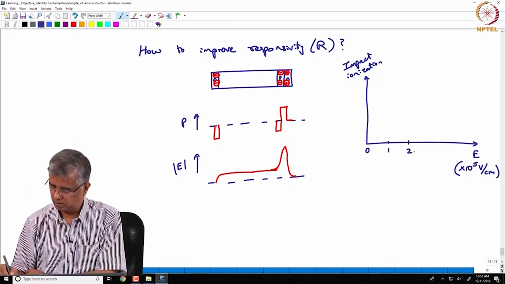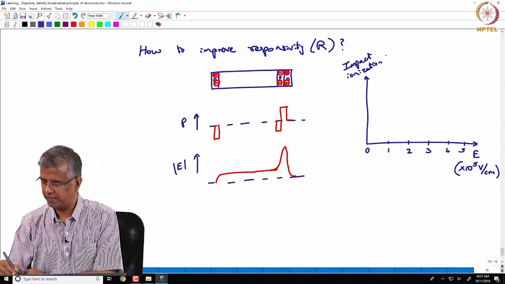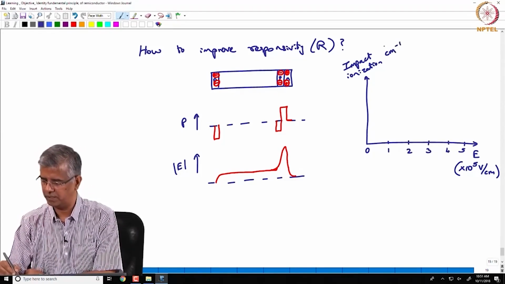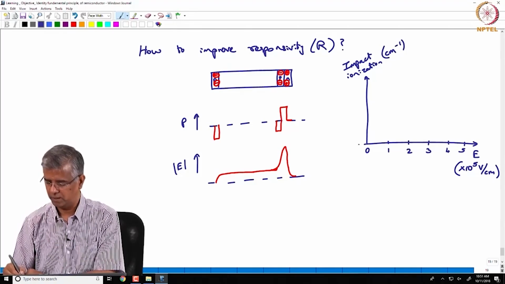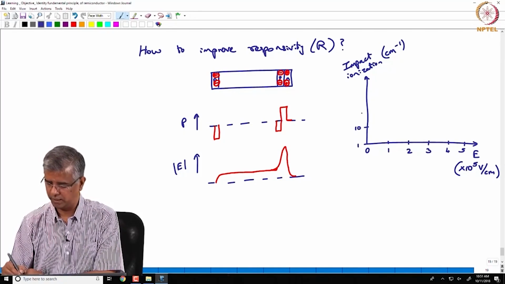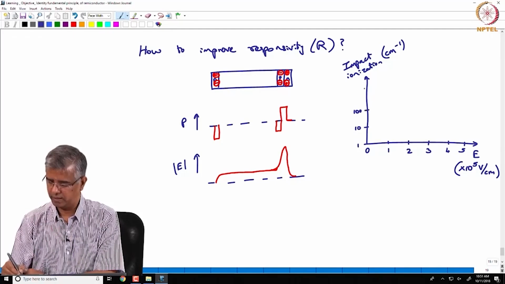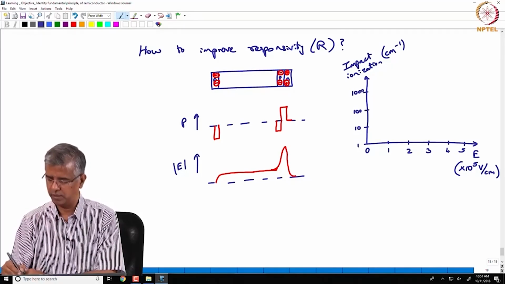0, 1, 2, 3, 4, 5, and this impact ionization coefficient is in inverse centimeter, and that is 1, 10, 100, 1000 and so on.